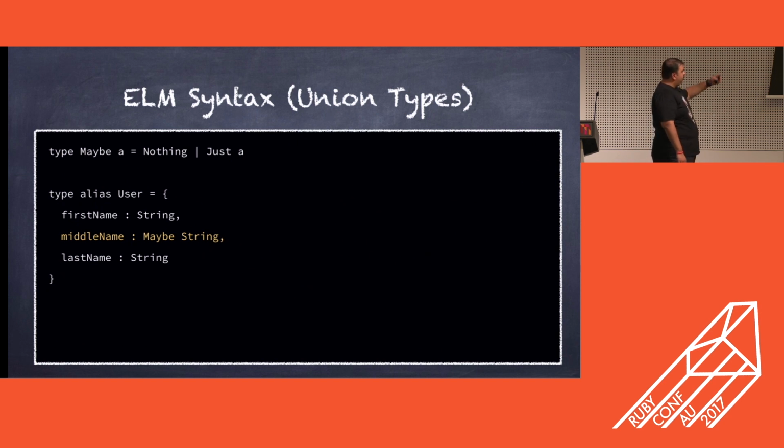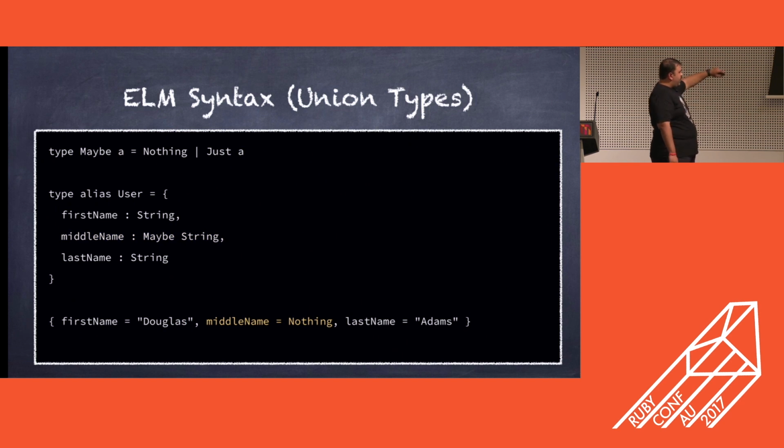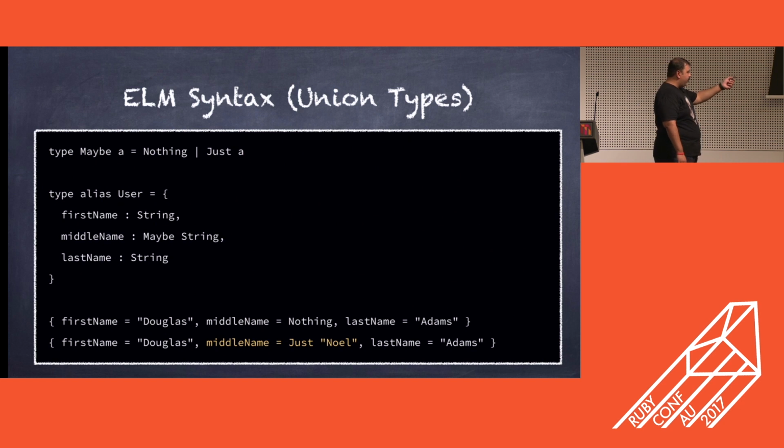Let's see how we can use that in Elm. We can say that first name is Douglas, middle name is Nothing, so you're explicitly saying that middle name is Nothing, and the last name is Adams. Say tomorrow we figure out that Douglas has a middle name, which is null. So we can say first name Douglas and middle name Just null.